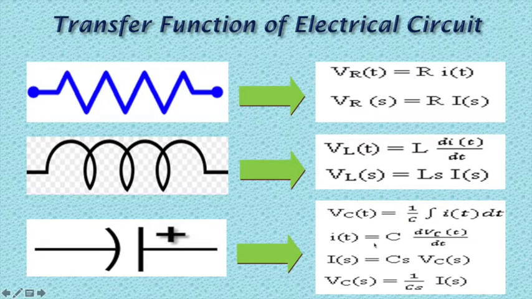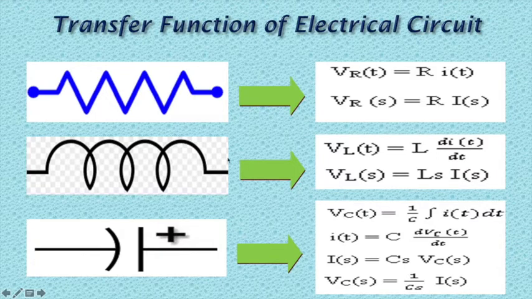Similarly, consider the third figure. The voltage drop across the capacitor is VC(t), which is 1 by C integration of i(t) dt. Then i(t) equals C dV/dt. Taking Laplace transform, we get I(s) equals C s V(s), so V(s) equals 1 by Cs into I(s).